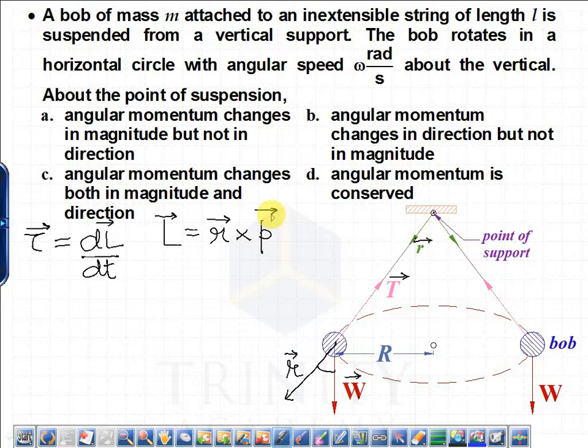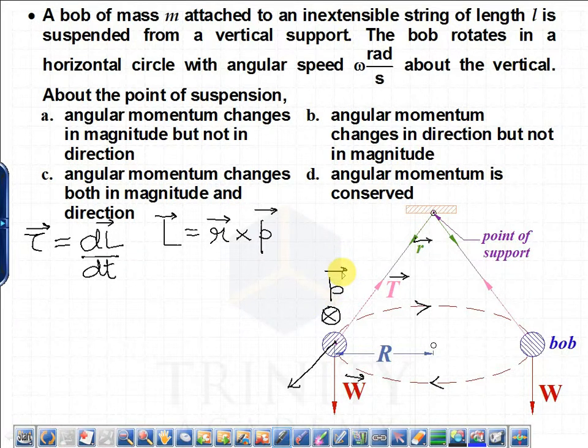Now let us get rid of the torque terms over here. We can see in this case, suppose we assume that the particle is moving in this sense, then at this point we can say that its momentum vector would be penetrating inside because of its tangential nature, and the position vector would be once again like this.